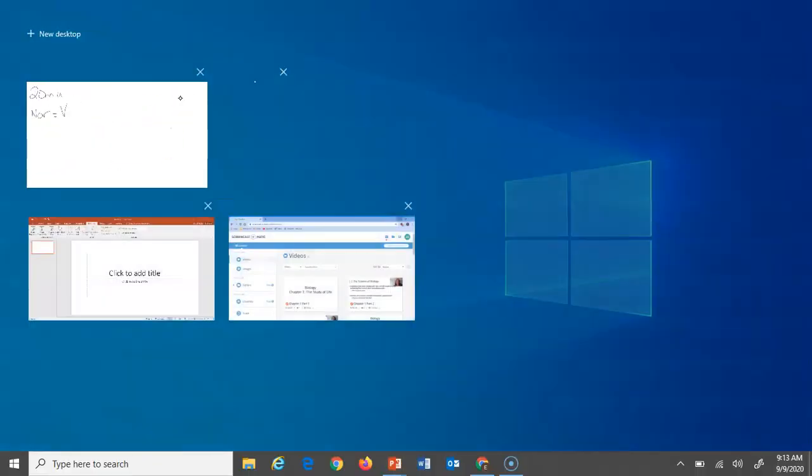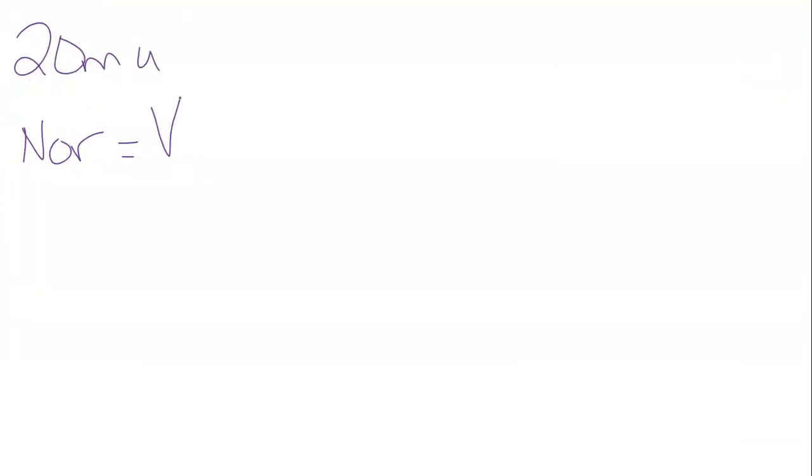So it says alleles for normal wing length, long, and gray body are dominant to alleles for vestigial short wings and black bodies. Okay, so we're going to say normal wings equals, we'll use big V, where vestigial wings is recessive, we'll use a little v.